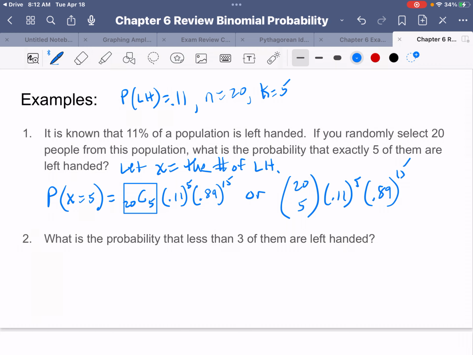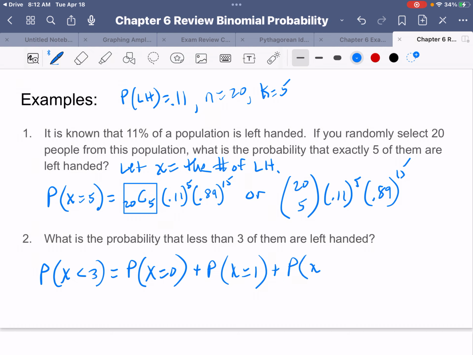What is the probability that less than 3 of them are left-handed? Well, wouldn't that be equal to the probability that X is equal to 0 plus the probability that X is equal to 1 plus the probability that X is equal to 2.